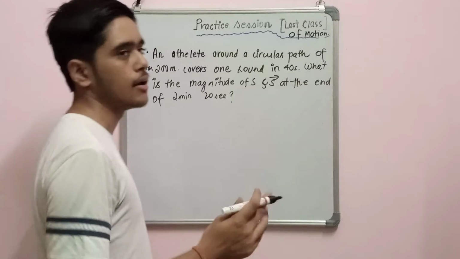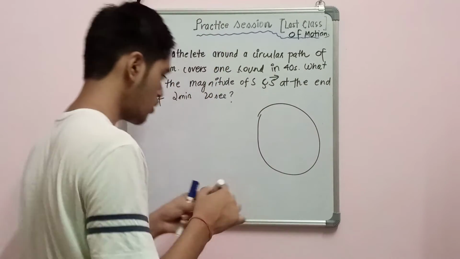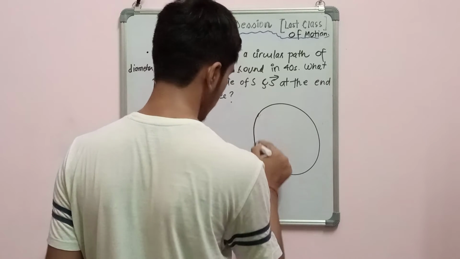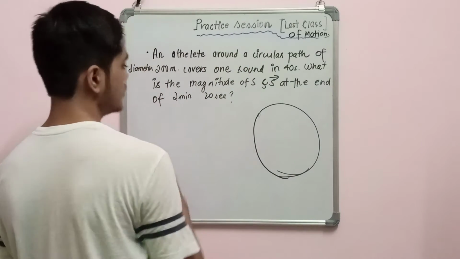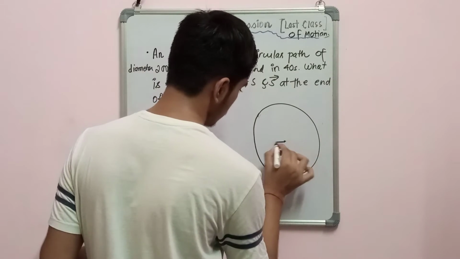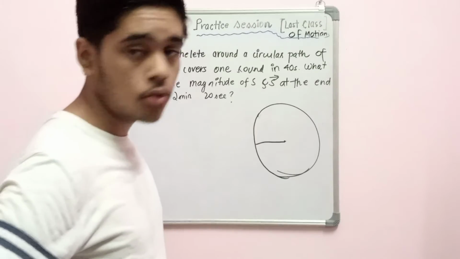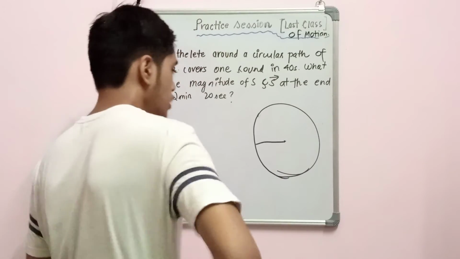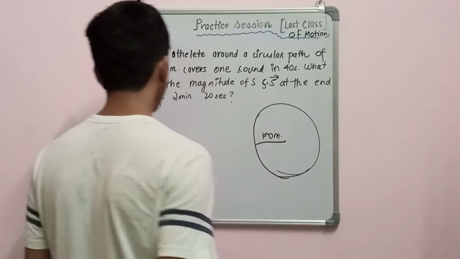Now let us draw the diagram and visualize it. I have drawn a circle here. Its diameter is 200 meters, and the radius is half the diameter, so the radius of this circular path is 100 meters.